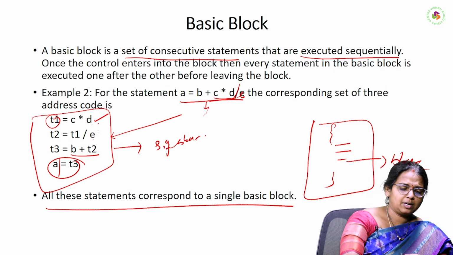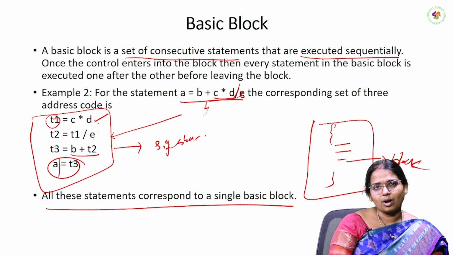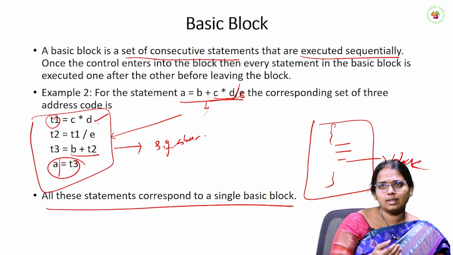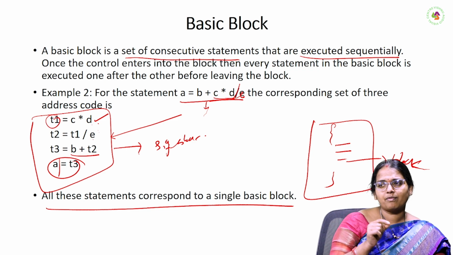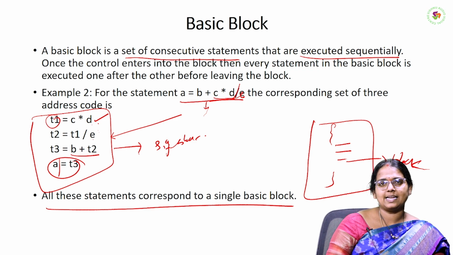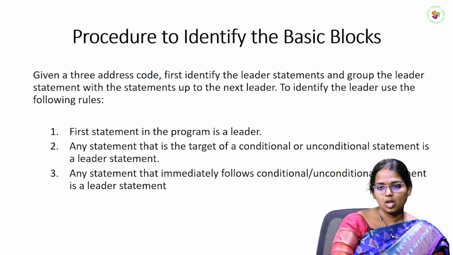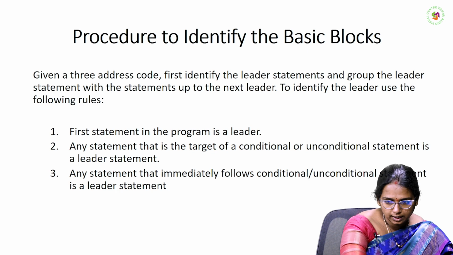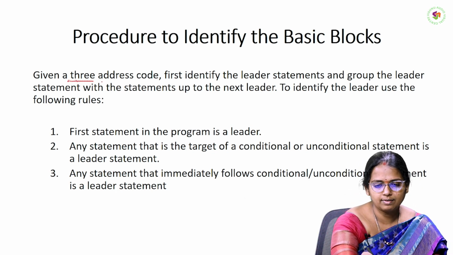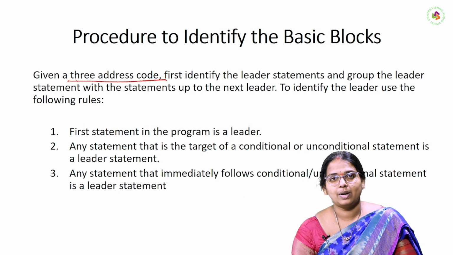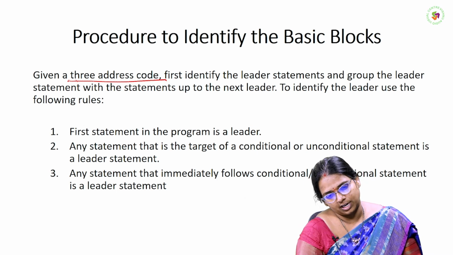The first statement in a block we call a leader statement. Once the leader statements are identified, from one leader statement to the next leader statement we call it a block. Here is the procedure to identify basic blocks. First, in a given three address code, we identify the leader statements.